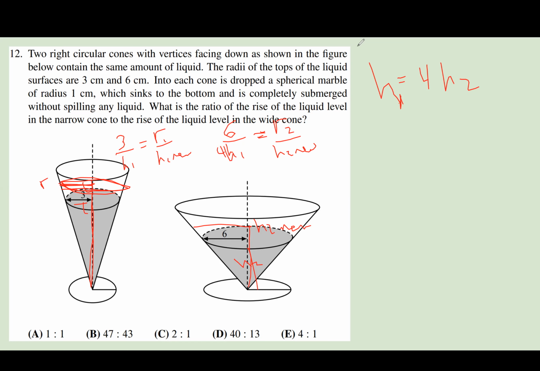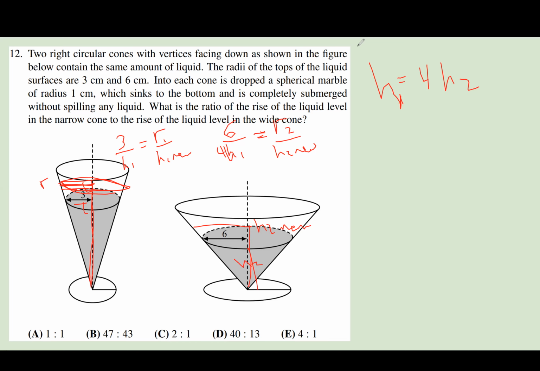But then the question becomes, do we know that no matter what, as long as the volumes of the two liquids are equal, will the radius on the right always be double the radius on the left? Well, we do know that the height of the left one is equal to 4 times the height on the right one, and that was just purely given the fact that the volumes were equal.